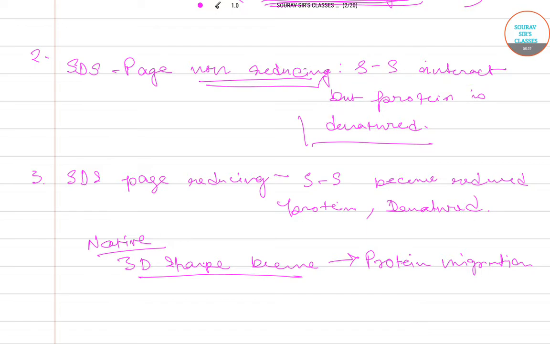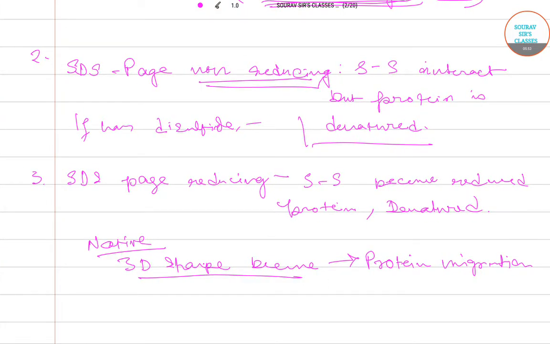So the protein will be mostly denatured, and if it has disulfides, then those will convey some 3D structure, but very minimal compared to the native gels.